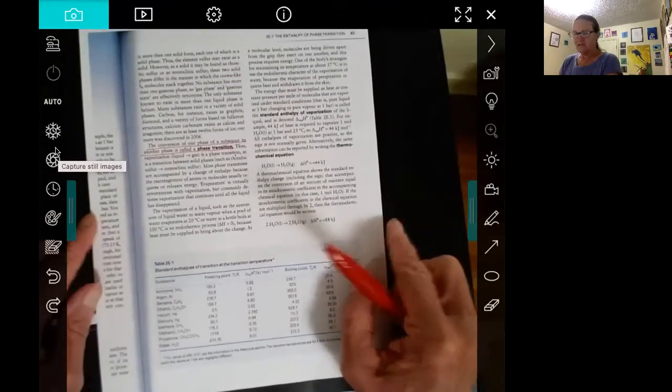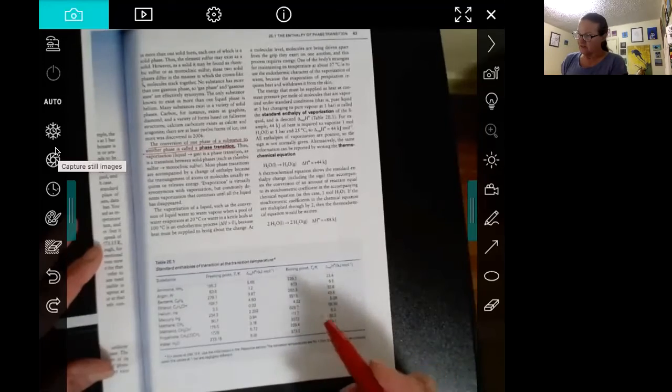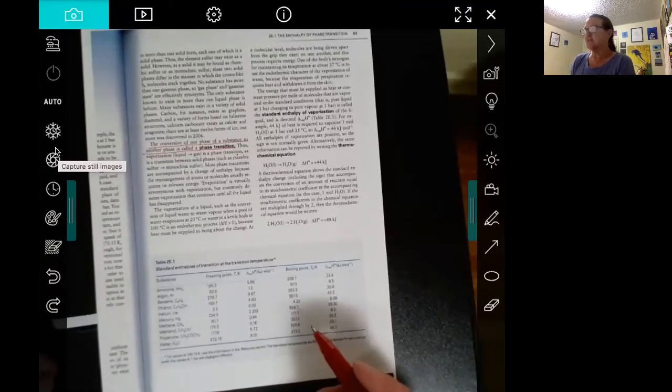Something like sulfur stacks differently, and you get 2 different phases. So you have to make that clear because the enthalpies are going to be different. The conversion of 1 phase of a substance to another is called a phase transition. So you know a lot about phase transitions. Liquids can become gases, solids can become gases, things can melt. So we'll talk about all of those.